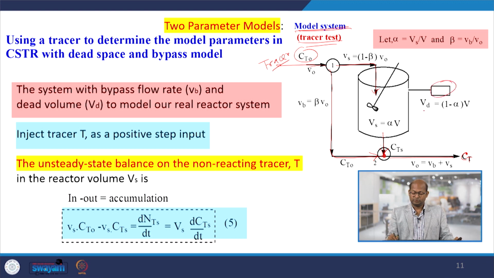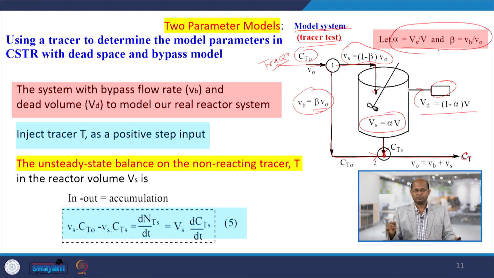This is the dead volume, which equals 1 minus alpha into V. The system volume Vs equals alpha into V, the bypass volumetric flow rate equals beta into V0, and the system volumetric flow rate equals 1 minus beta into V naught. Alpha and beta we have already explained.